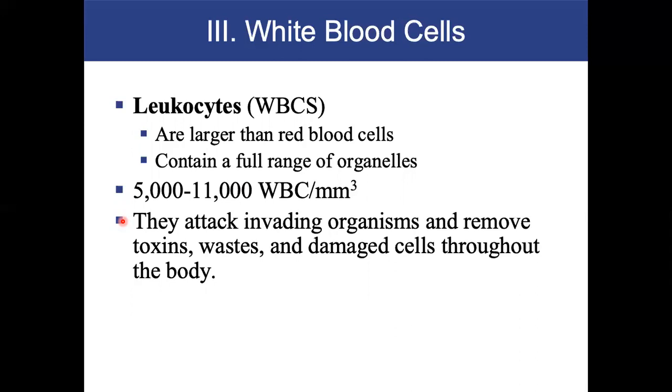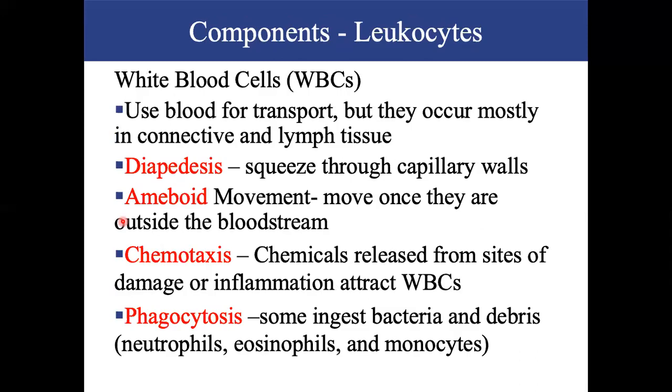Okay. These guys are really interesting. So they use different types of ways of getting around in the tissue. They use diapedesis to squeeze through capillary walls. They use amoeboid movement once they're outside the bloodstream. So amoebas are single-celled organisms. They move around like them.